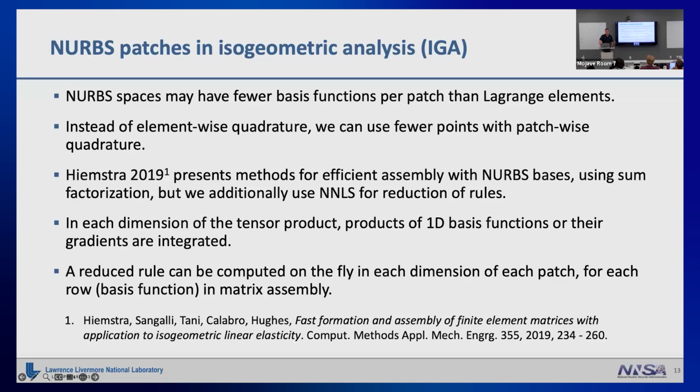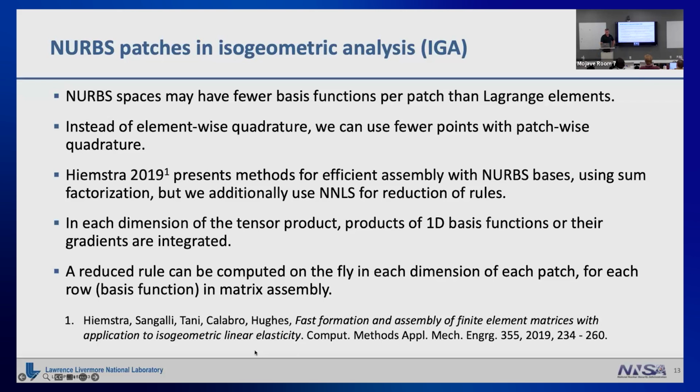There's been work, for example, by Hughes and his co-authors, where they present how to efficiently assemble the matrices with NURBS spaces using the sum factorization idea. But here we're also computing with reduced rules. So this is a new addition.